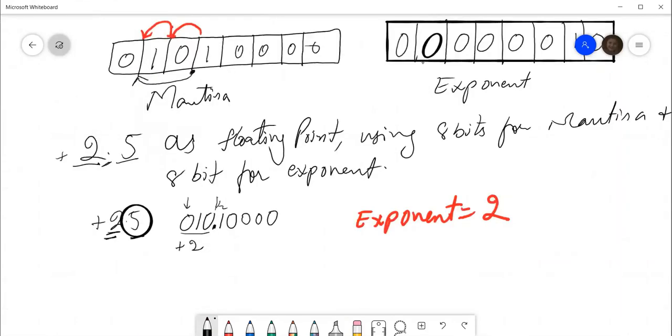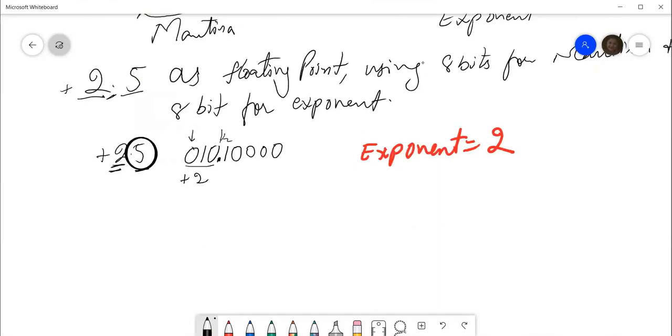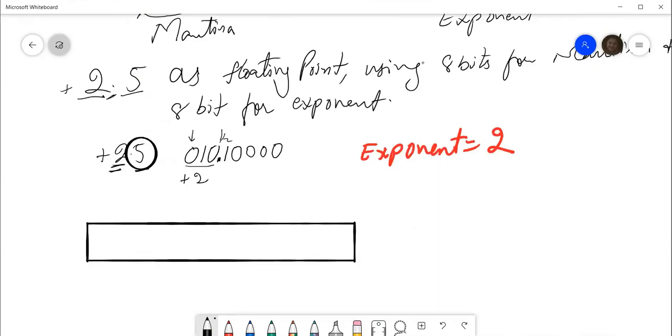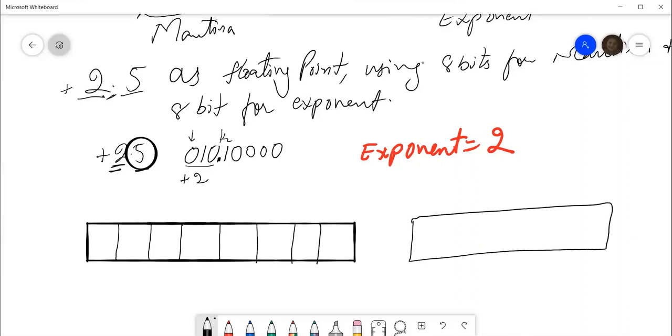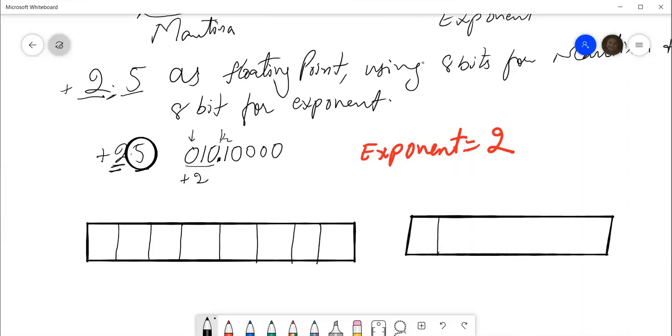Now let's convert it back. Let's check its calculation. If an examiner gives me the same number and asks me to convert it into a decimal number, 1 2 3 4 5 6 7 and 8, and give us the final answer as a decimal number.